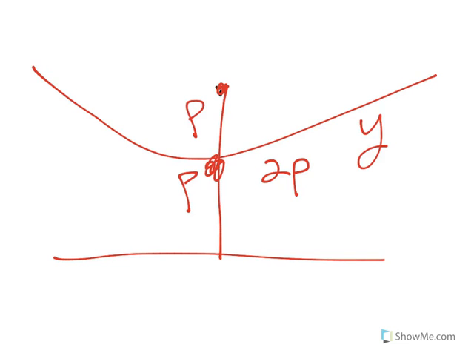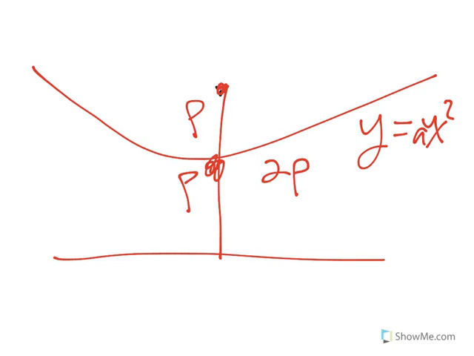The distance from the focus to the directrix is called 2p, and half of it, which actually gets you the vertex, is called p. The equation of the parabola is like y equals something times x squared. This is assuming that the vertex is at 0, 0.